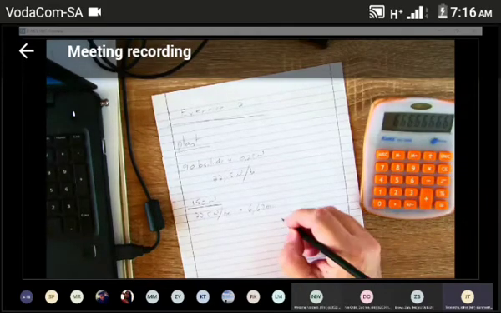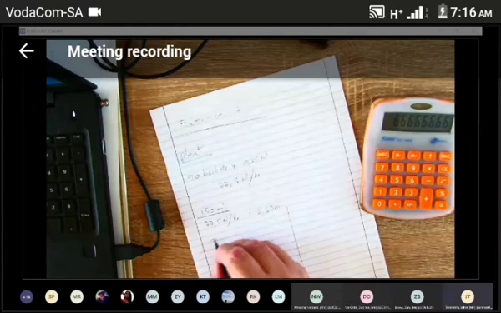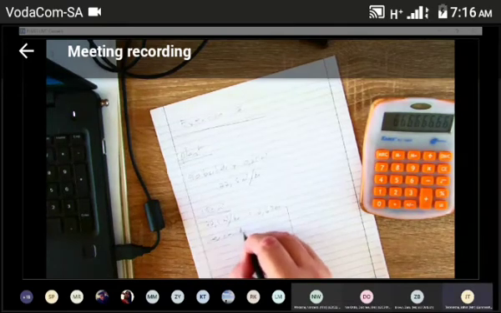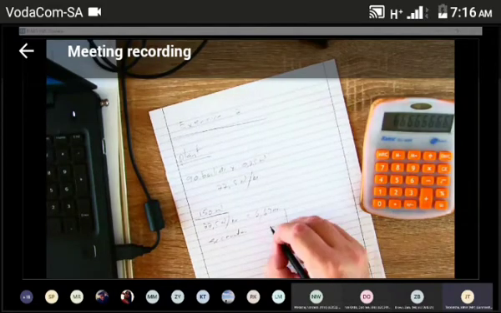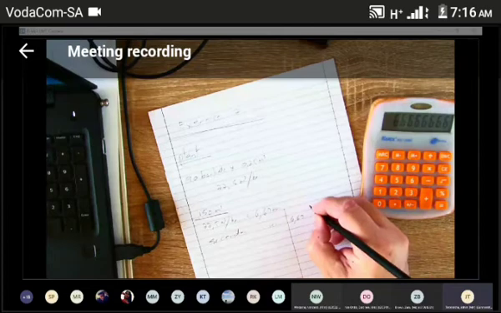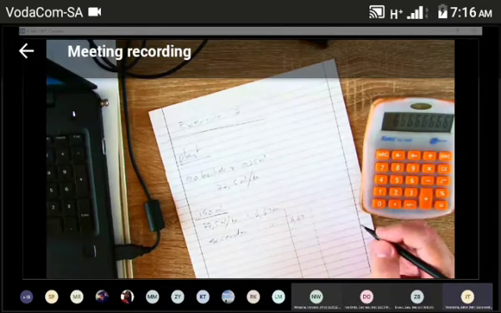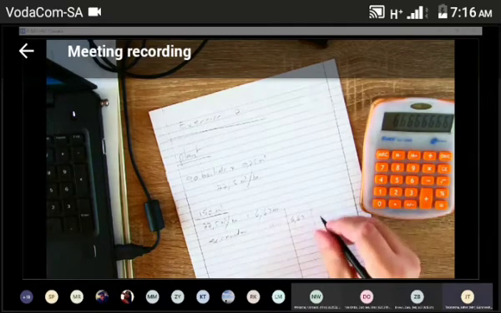So therefore, I can go and say excavator hours 6.67, and what's my rate for my excavator? My excavator rate here is 325.